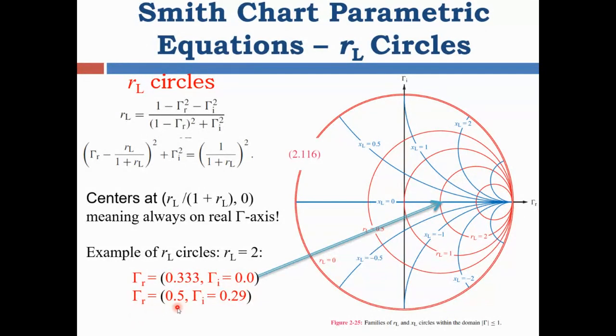So the real part is equal to 0.1, imaginary part is equal to 0.3, minus 0.1, minus 0.5, and so on and so forth. And there are millions of combinations of this that give you an R sub L that is equal to 2. So for example, this one, can somebody do this quickly, please? We have this gamma.